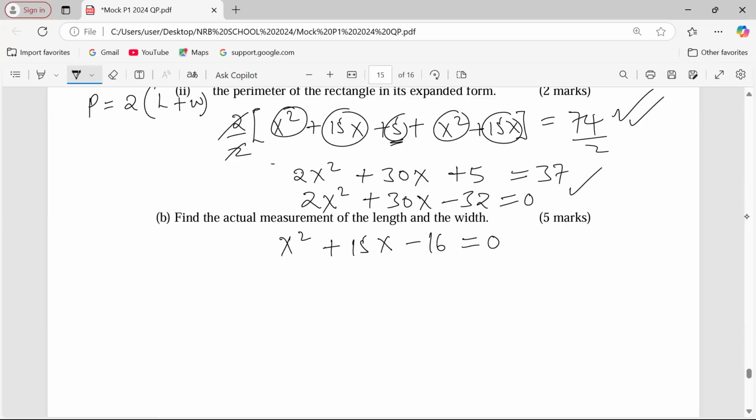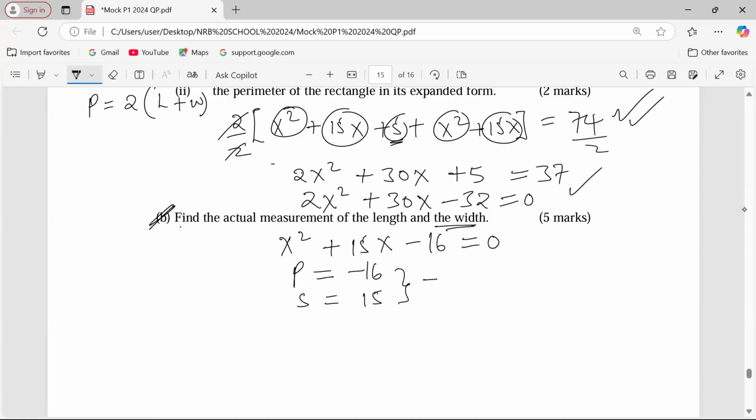We can solve this one now because we are told in part B to find the actual measurement of the length and width. So we solve quadratically by letting the product be a times c, negative 16, and the sum being b, which is 15.